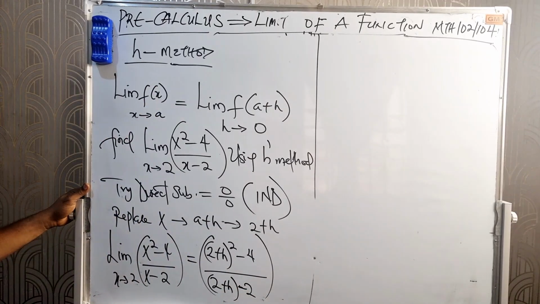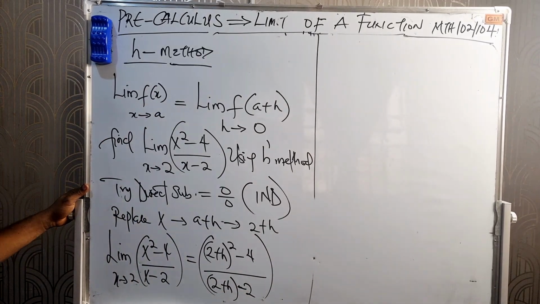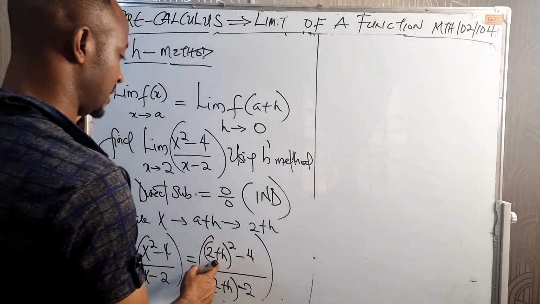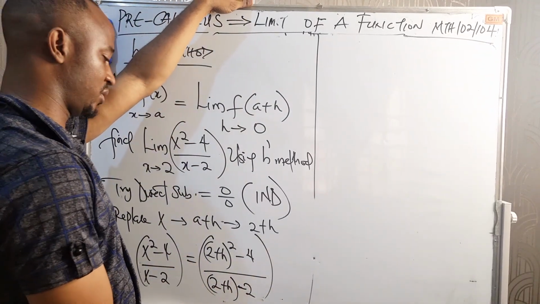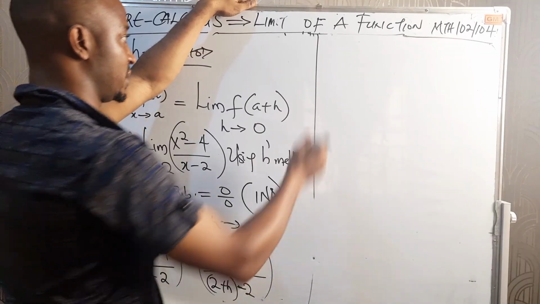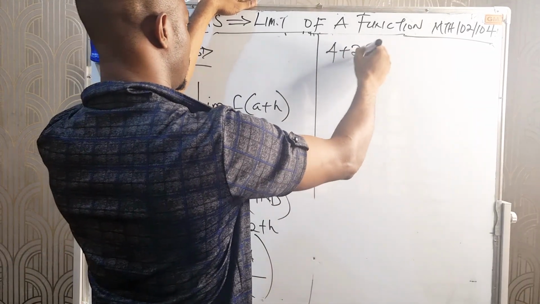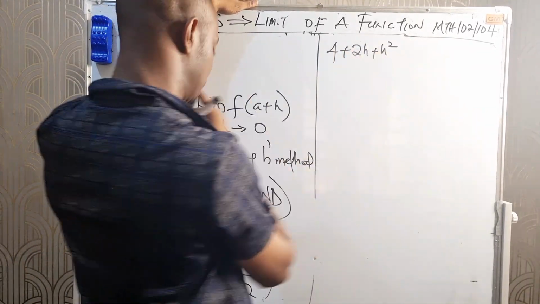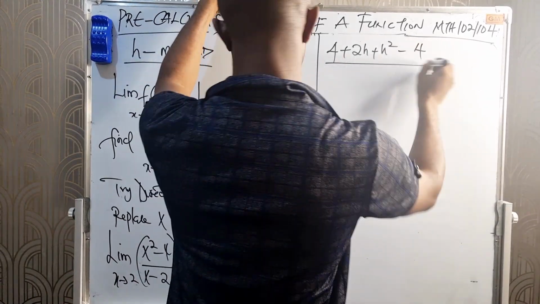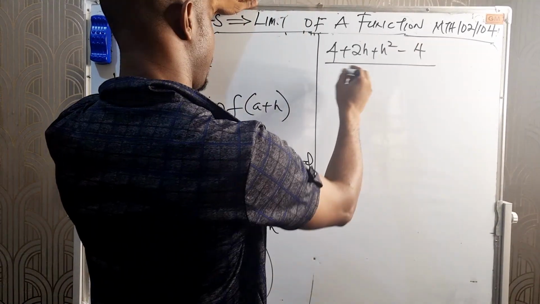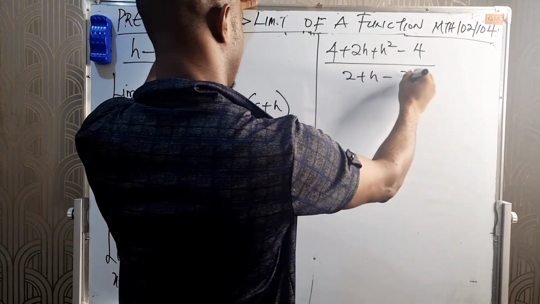Right? So let's expand this. This should give us 4 plus 4h plus h squared, this expansion minus 4, divided by 2 plus h minus 2.